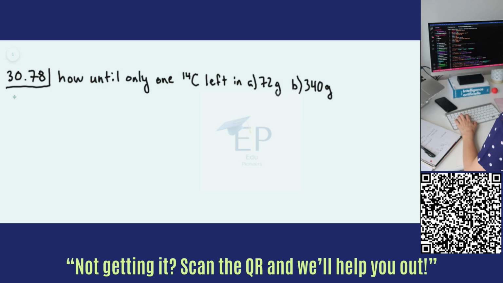So from section 30-11, the usual fraction of carbon-14 is 1.3 times 10 to the negative 12th. So not a whole lot.